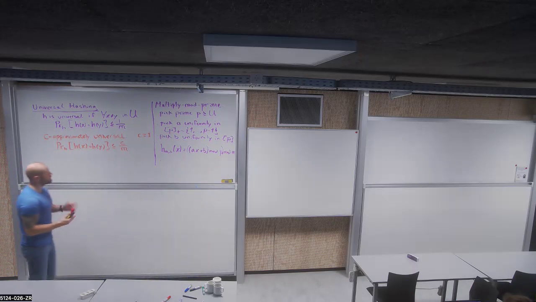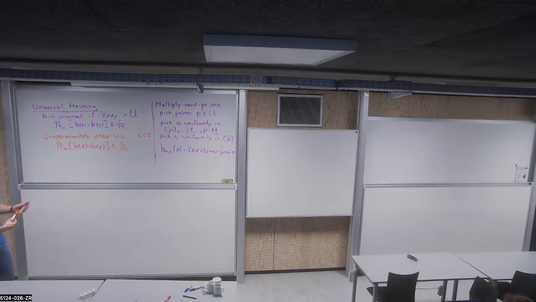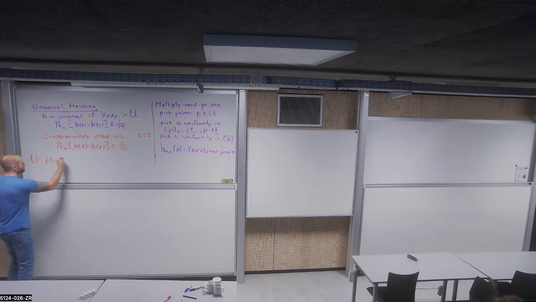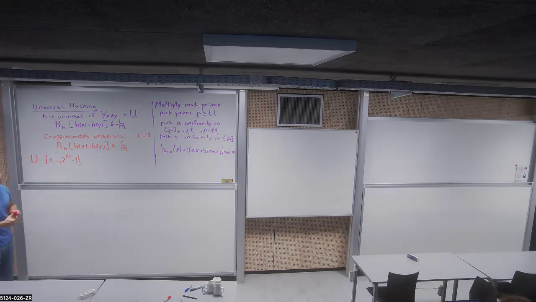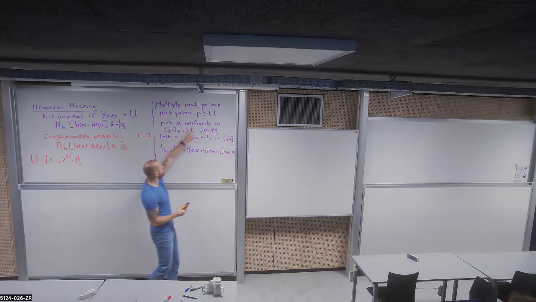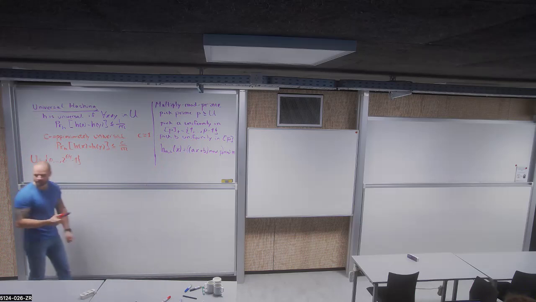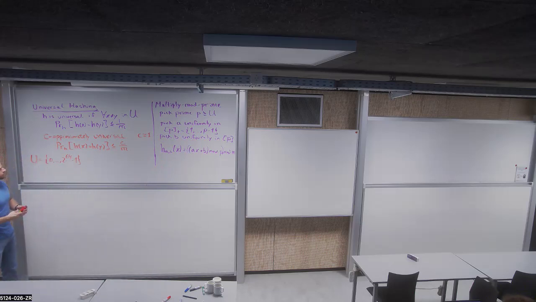The nice thing here is that, let's have an example where the universe we're hashing is the set of numbers from 0 to 2 to the 64 minus 1. Hashing 64-bit unsigned integers is a nice example to have in mind. Then the prime, pick it at least 2 to the 64.